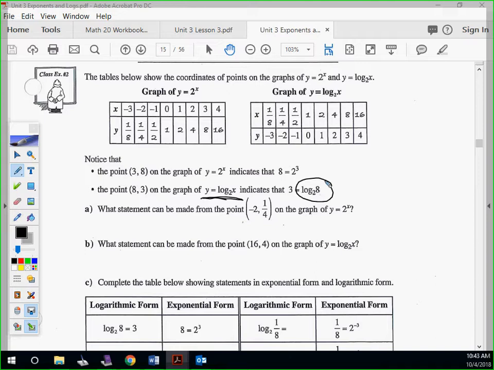So what statement can be made from the point (-2, 1/4)? If we write that differently, you can say that 1/4 equals 2 to the -2, which we know, right? 2 to the -2 equals 1/4. And then it says, what statement can be made from the point (16, 4) on the graph y equals log base 2 of x? We're just putting these in for x and y, guys. That's all we're doing, just looking at the relationship. So we know that this would be 4 equals log base 2 of 16.